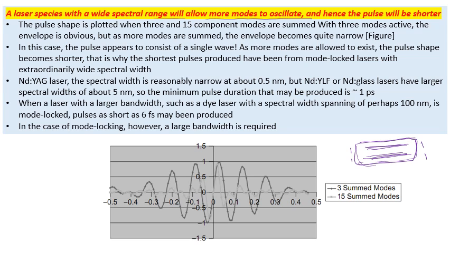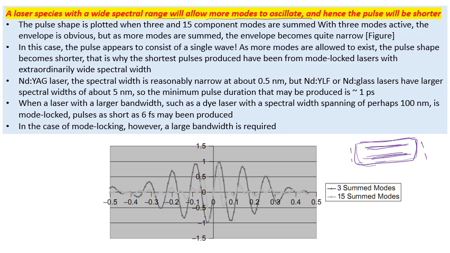If more longitudinal modes oscillate and we lock and sum them up, then we get a high amplitude pulse at the output with a much shorter duration. The wider the spectral range, the shorter the pulse we can get.